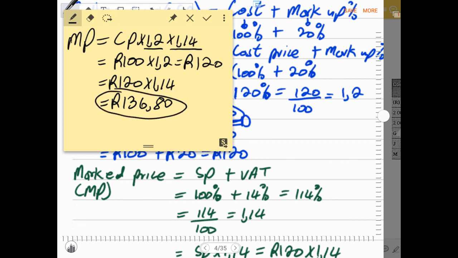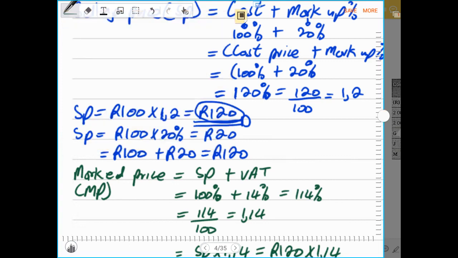And I'm emphasizing this because it's very important when you do the reversal, because when you do the reversal, you first have to remove what you have added last. That means to go to the selling price, we need to remove 1.14, and to go to the cost price, we need to remove 1.2. That will give us the cost price before everything was added or taken into consideration.